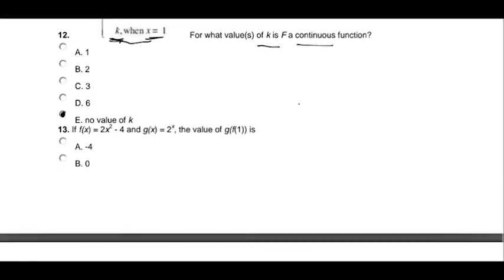Okay, so the next part in 13 is functions. So we have 2x squared minus 4 and g of x is 2 to the power of x. So we want to get g of f of 1. So let's do f of 1 first of all. So always do the one in the center first. So that'll be equal to 2 by 1 squared minus 4, which is equal to negative 2.